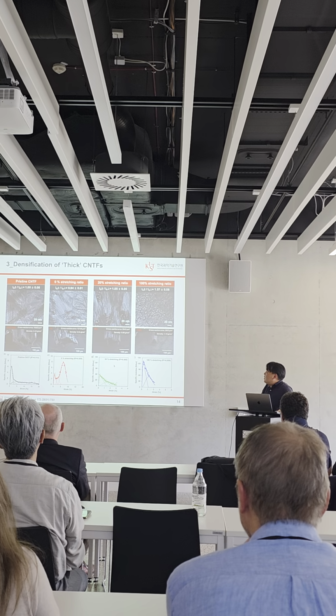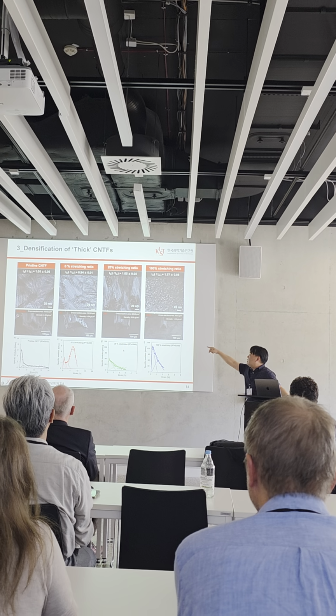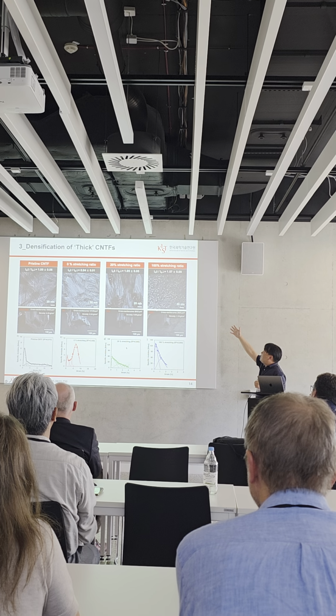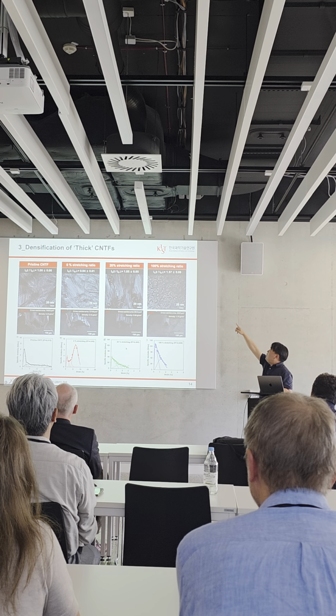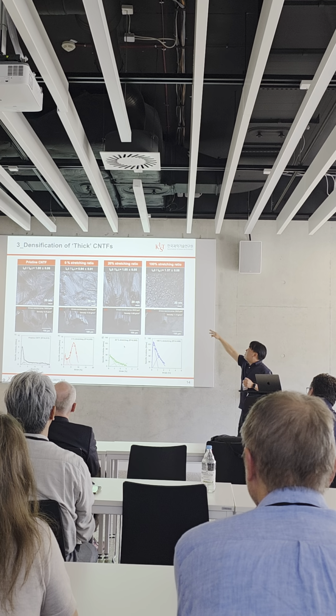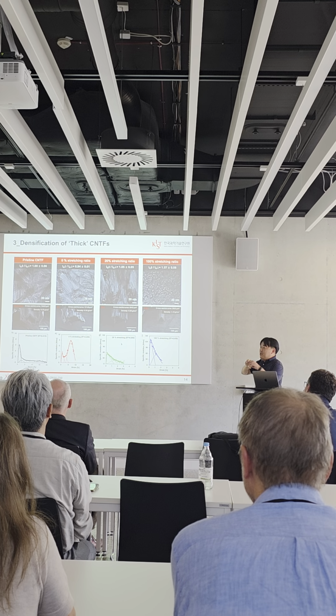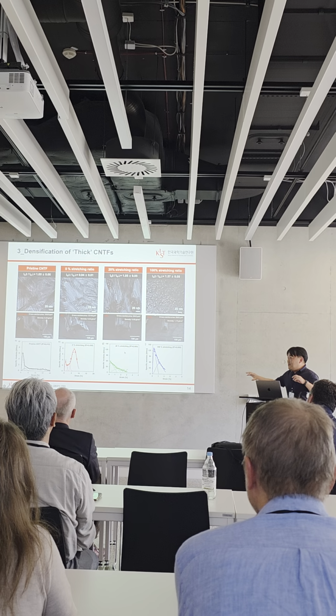You can see the dramatic change of the diameter of the fiber, and also some cross-sectional TEM images. As we increase the stretching ratio, you can see in the cross-section that the CNTs become more aligned to the axis.